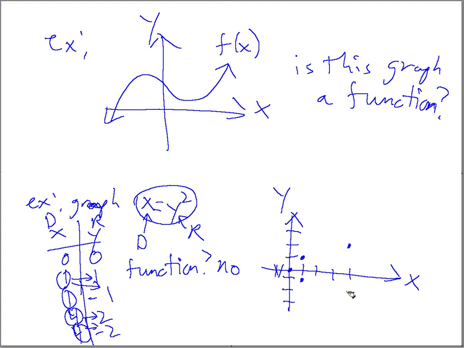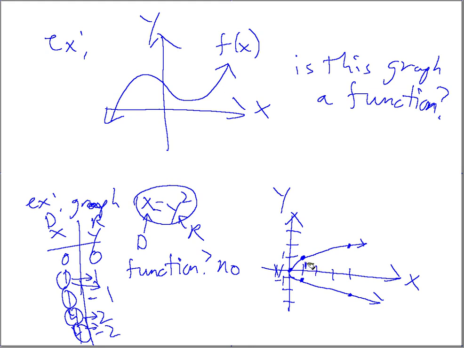So 4, negative 2 is down here. Let's connect these. Look at this graph between x and y. From this graph, we see that we have two different y values. Here's 1, here's negative 1. Two different y values for the same x.